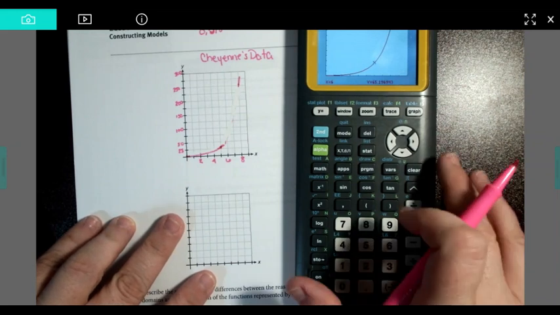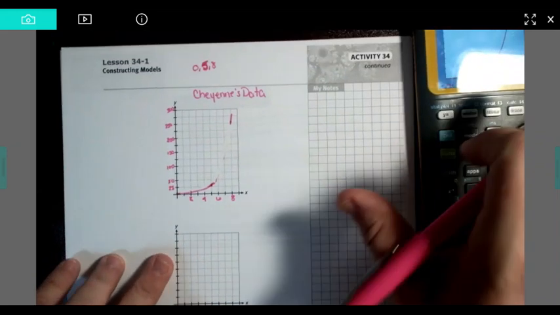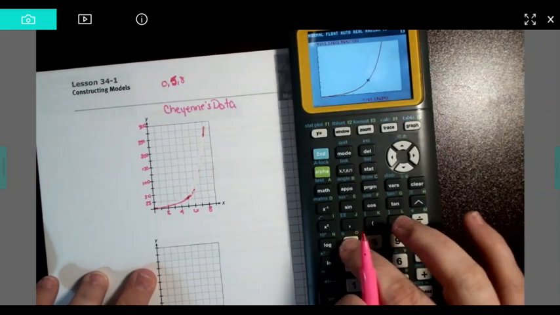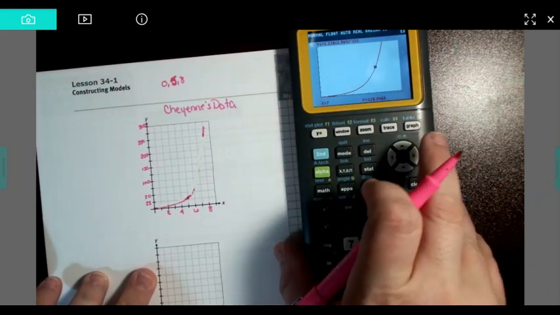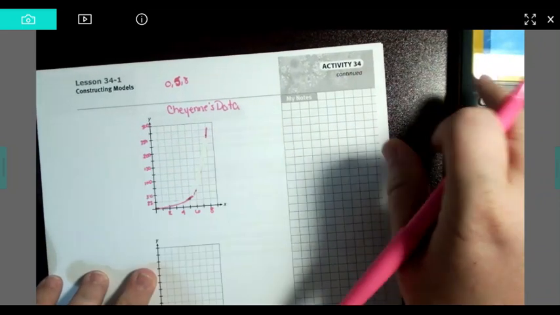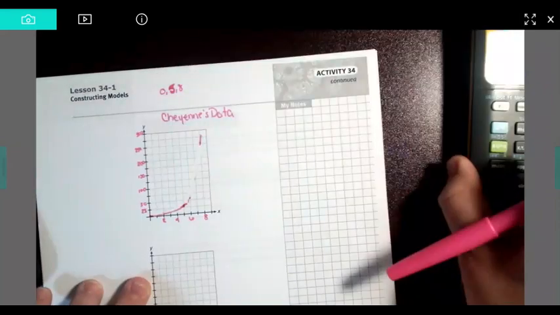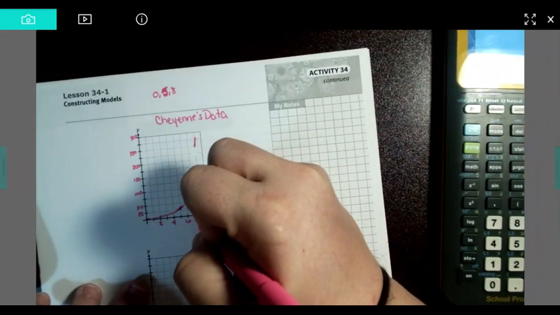6 was at 65. 7 was at 125. Or no, it was actually 128, I think. Yep, 128.